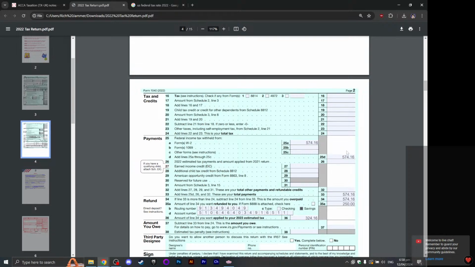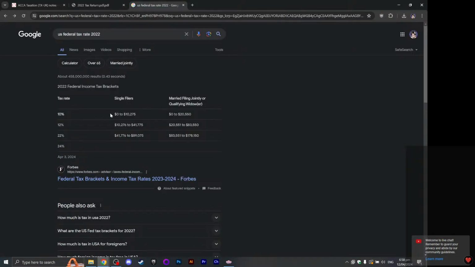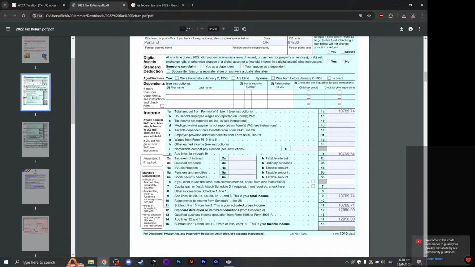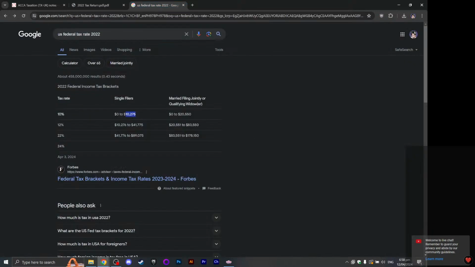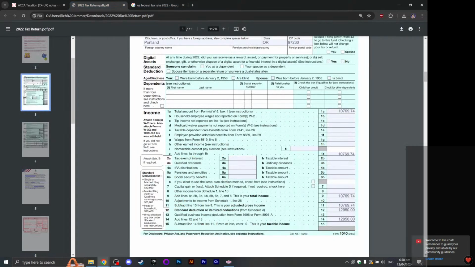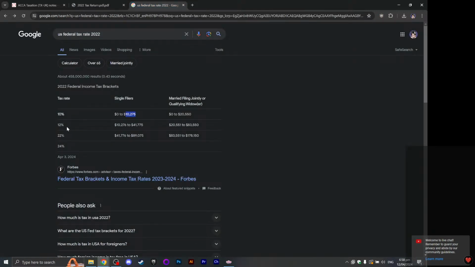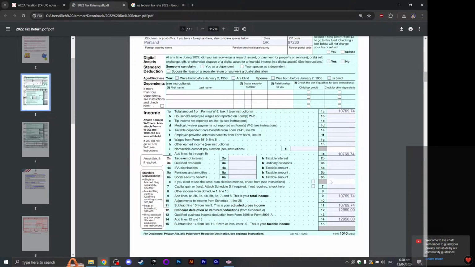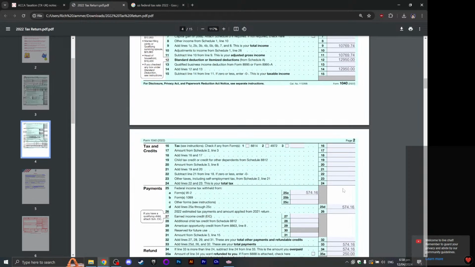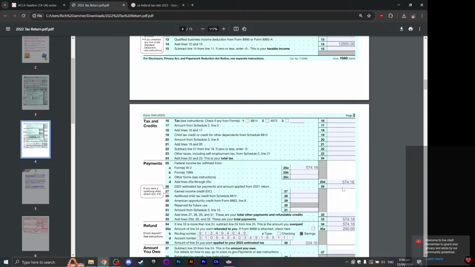I assume we're in the 10% because, see, up to 10,000 to 75, it would be 10%, and then above that would be 12%. According to this, well, I don't know. I don't know why we're getting a tax refund. Only an American CPA or something would tell me.